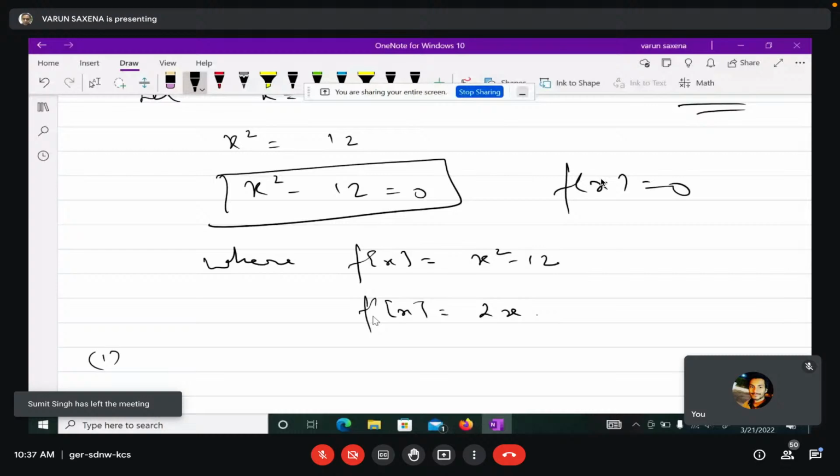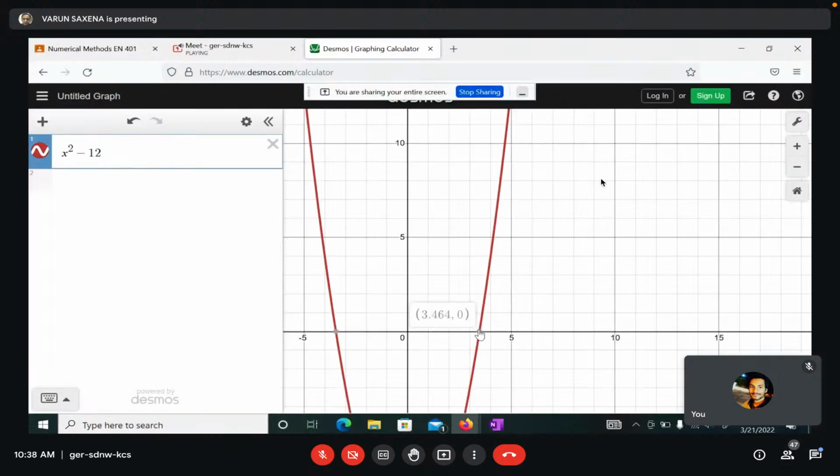So if I say x squared minus 12, because we are finding square root, the negative side will have no value, because the quantity under the root should always be positive. So 3.464, right? And what am I giving you? Yeah, 3.4643. So this is where it is, right?